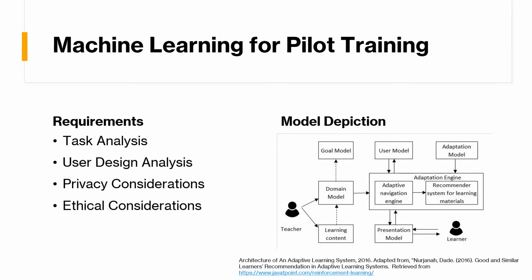So the strategy we want to develop for the adaptive learning algorithm would be based on sequence and performance objectives, based on the learning rate of the user.